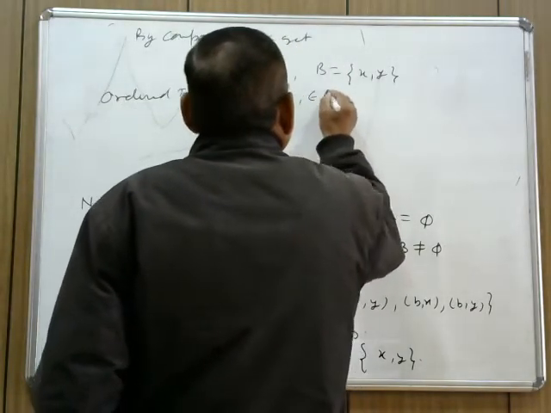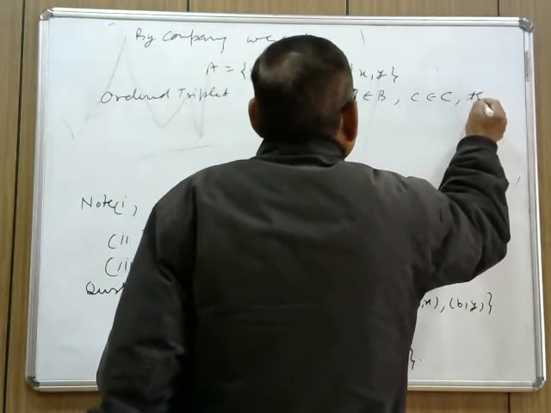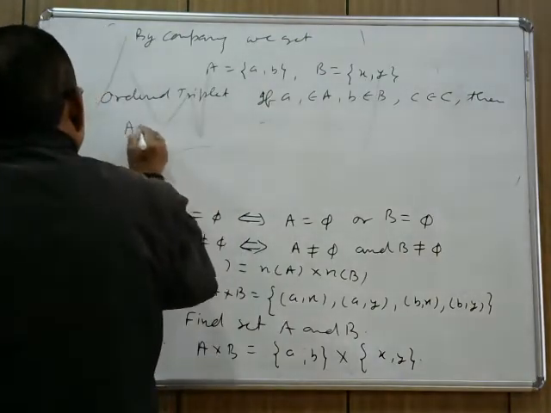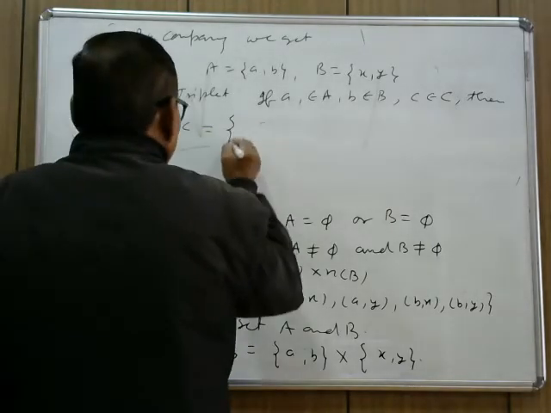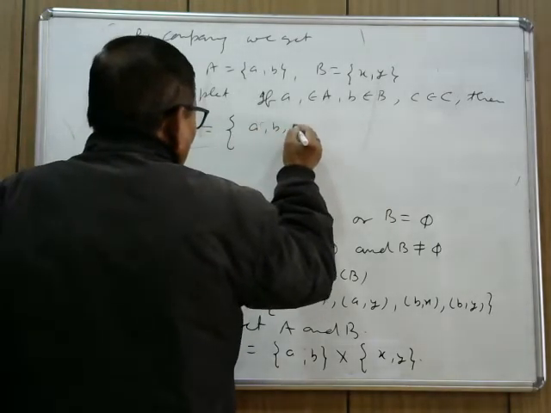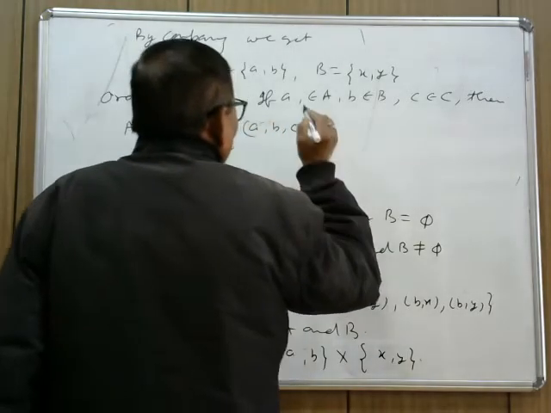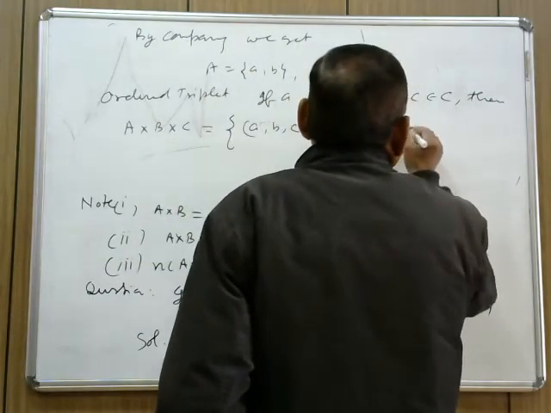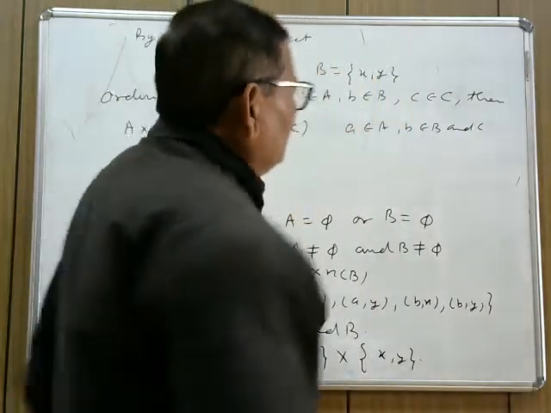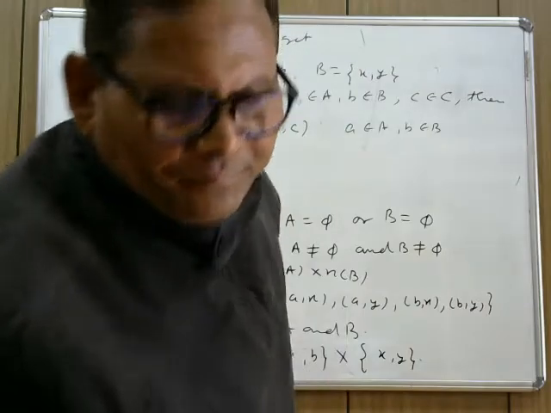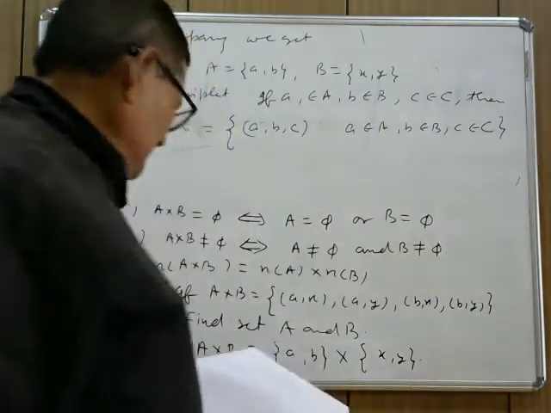If a is a member of A, b belongs to B, c belongs to C, then the Cartesian product of A, B and C, A cross B cross C, is defined as the set of ordered triplets, triples we can say also, (a, b, c) such that a belongs to A, b belongs to B, and c belongs to C. There is no 'and' there. So these are the ordered triplets.